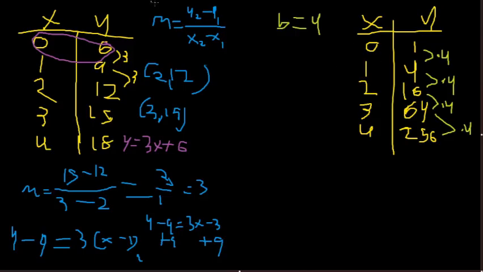And now in order to find the a, like I said earlier, a is the y-intercept. So we look here, (0, 1). So a is 1. So the equation for this is y equals 1 times 4 to the x power. So you can see the difference between linear and exponential functions.